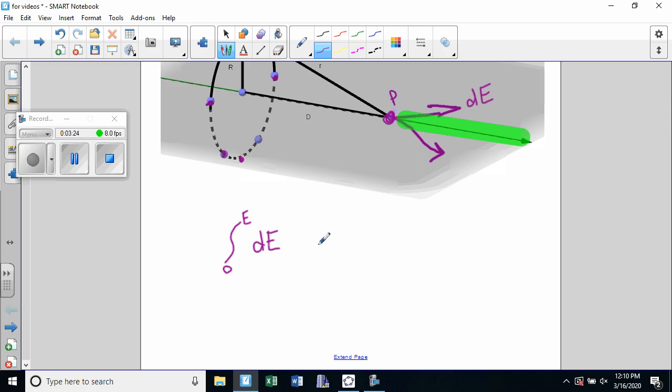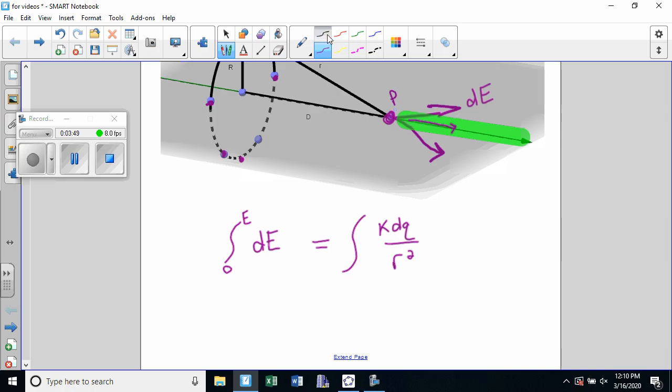Okay? And then what we said was we're going to add up k dq over little r squared for all these little charges. But then when we look at the electric field and we consider the symmetry that there's always going to be an electric field symmetric about this axis, I only have to consider this component.